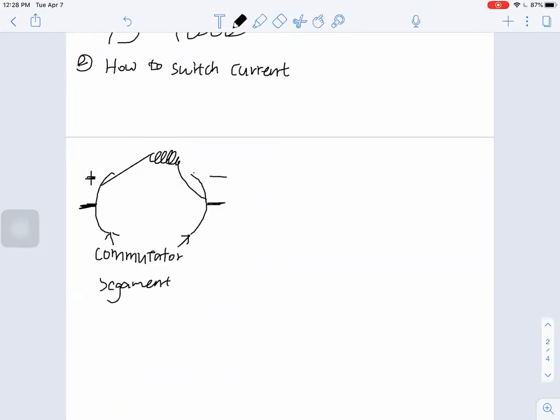So let me draw a better design. So 3 commutator segments, and they're gonna have 120 degrees each, and each commutator segment is gonna connect with 2 coils.